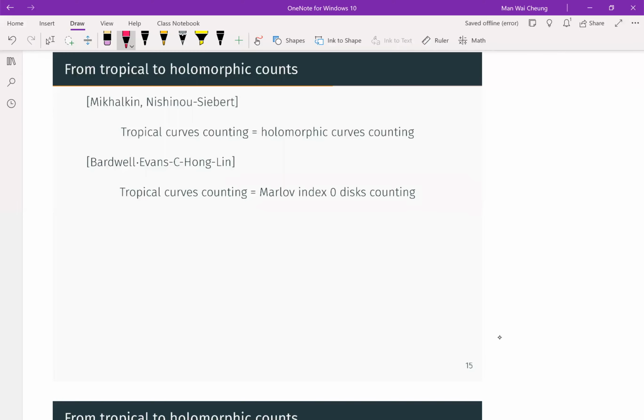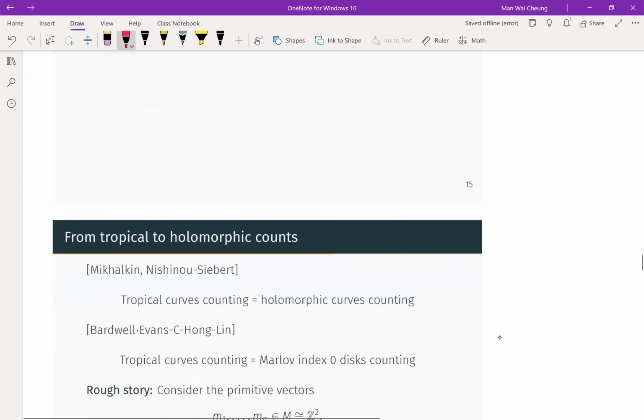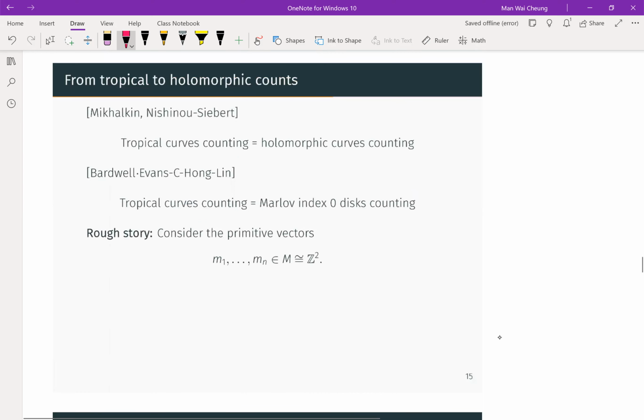So you can see what we are doing here is kind of generalizing the way we were doing, but not exactly, the construction is not exactly the same, but you can imagine it's kind of generalizing it. So the rough story of how this looks, skipping all the synthetic geometry and everything, is we start with a bunch of, again, we are in the toric surface example.